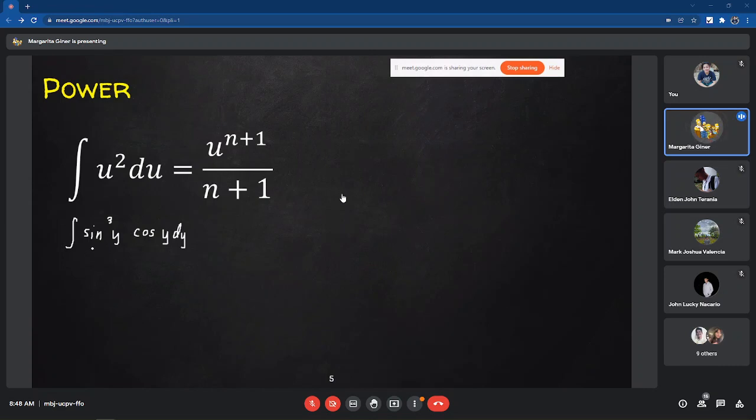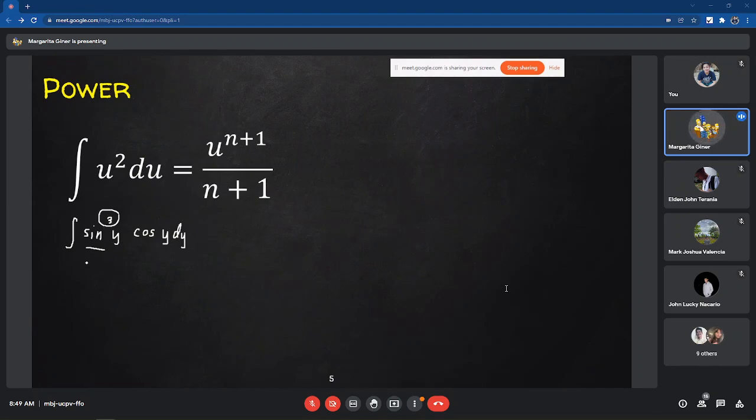Okay? So as you can see, duwa ka klase niyang pag-solve because may power ang imo nga trigonometric function and then it involves the trigonometric function, means say you're going to use the formula power rule. At the same time, you are going to use the formula of your trigonometric function. Okay? Ay duwa ang involved diri.